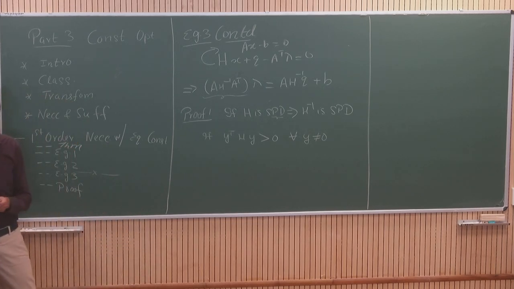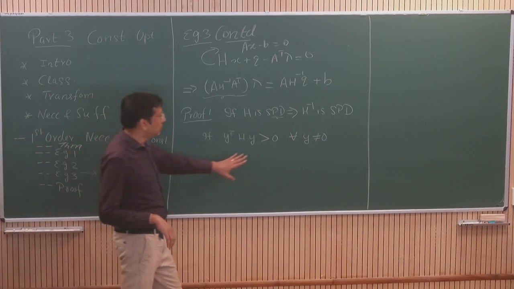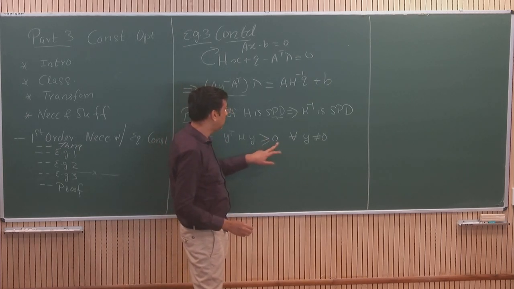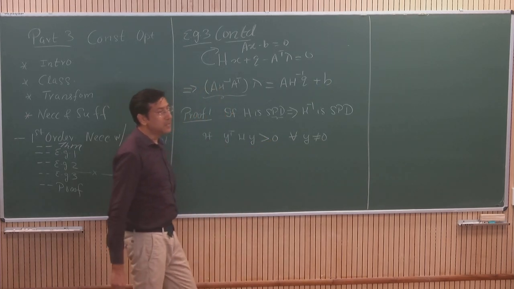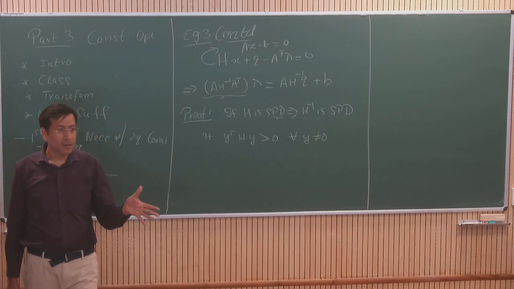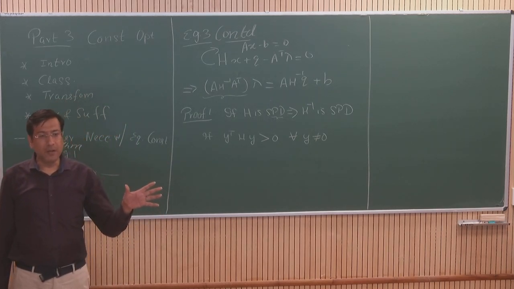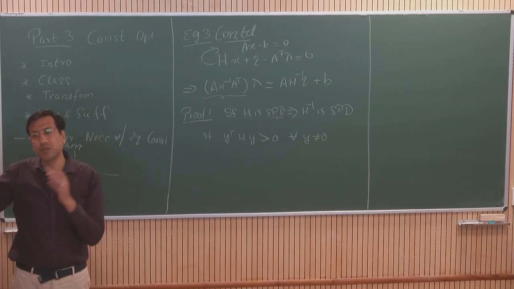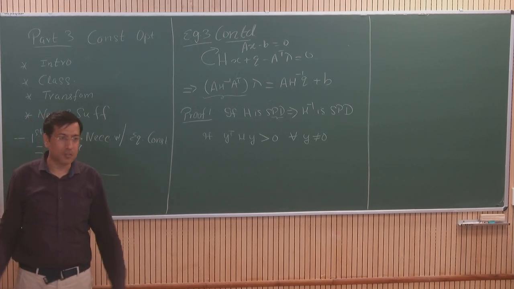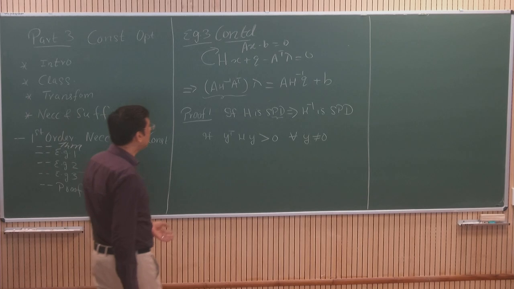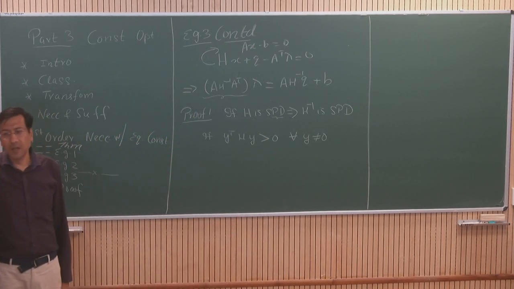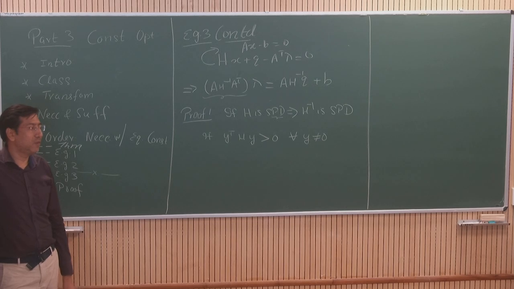So usually this doesn't bother you much, but we still carry it. When it's positive semi-definite, then it's something you have to worry about for all y. Basically, you take any vector and multiply the matrix on the left and on the right, and the scalar quantity which you will get should turn out to be positive. That is what positive definite is. If y is 0, then the whole thing will be 0. It will never be positive. So that predicate is usually just carried for the sake of it.